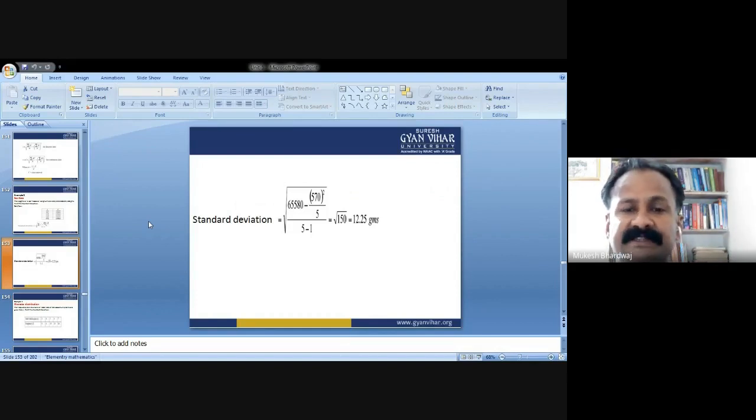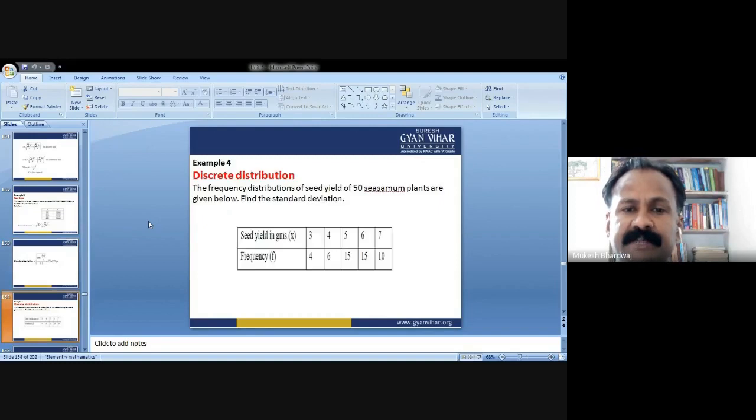Now I'm taking an example for discrete type of data, or discrete distribution. The frequency distribution of seed yield of 50 sesame plants is given below. Find the standard deviation.